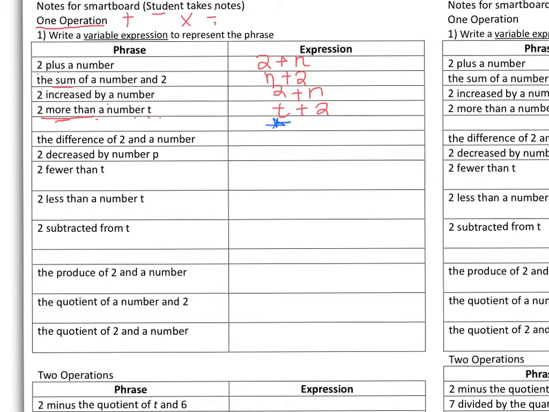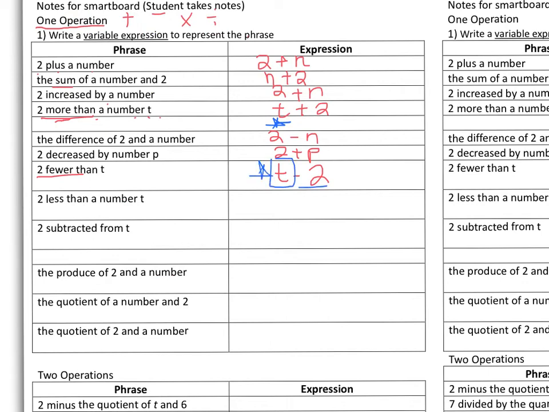The difference of 2 and a number. 2 increased by a number p. 2 fewer than t. So this is saying there are 2 fewer than the number t.